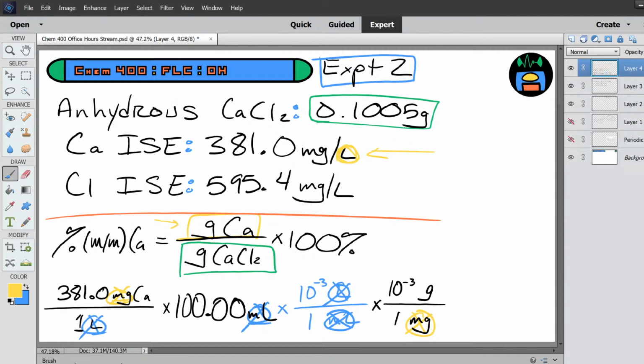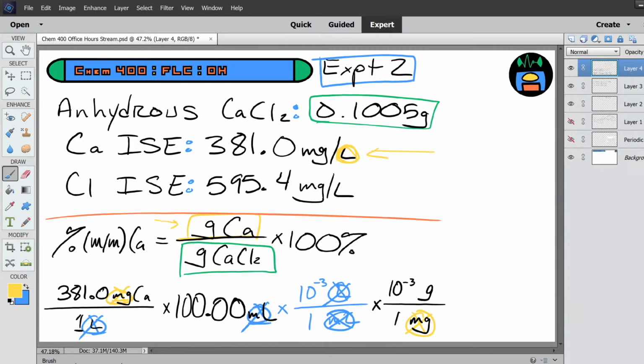And now we can calculate our mass of calcium for our numerator. So we have 381 times 100 times 10 to the third times 10 to the negative third, times 10 to the negative third again.